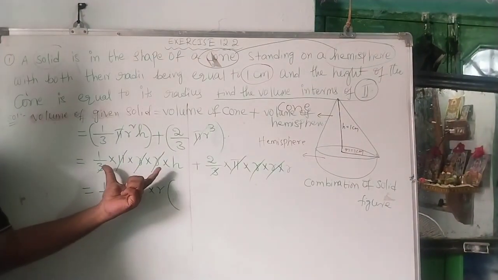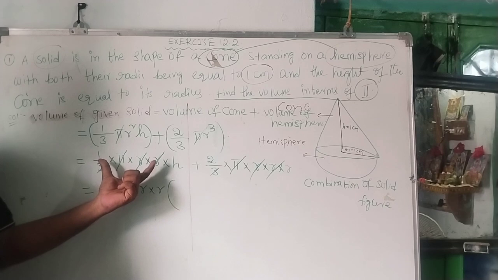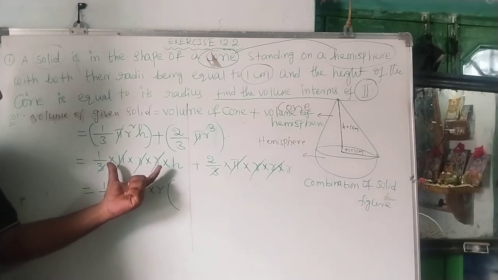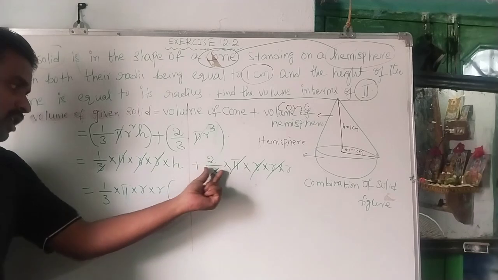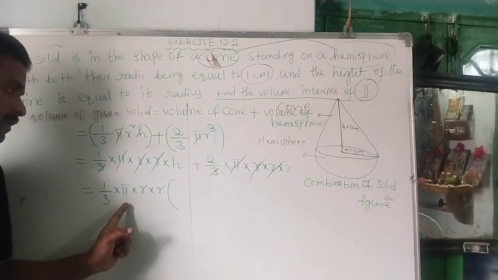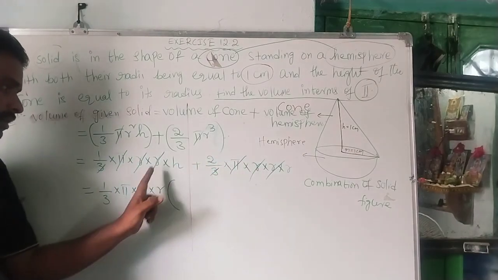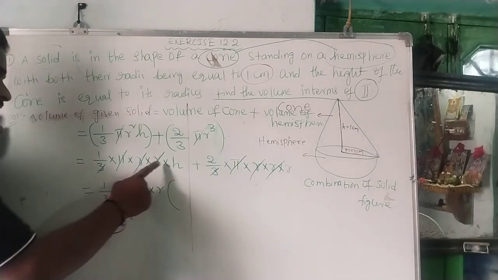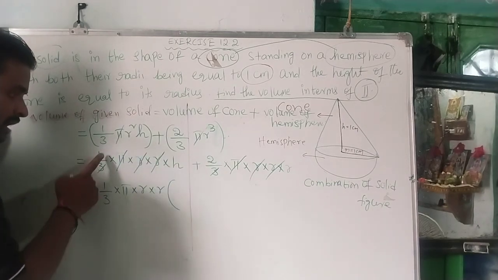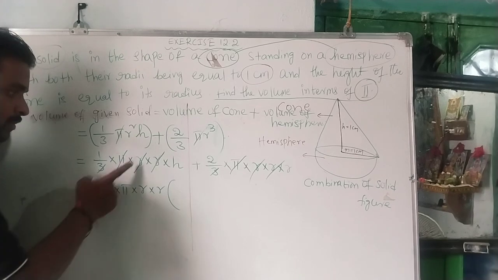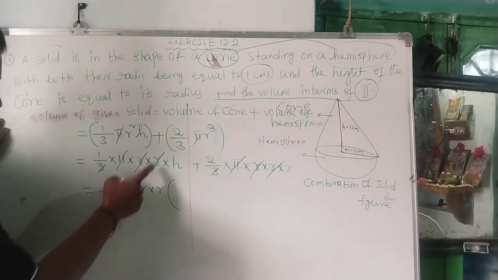What are the common terms in volume of cone and volume of hemisphere? 1 by 3 common, pi common, r common. So write the remaining terms. Here in volume of cone, which one is left? We have taken 1 by 3, pi, and r as common.